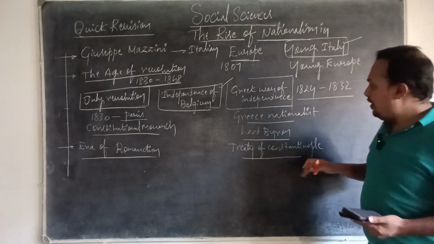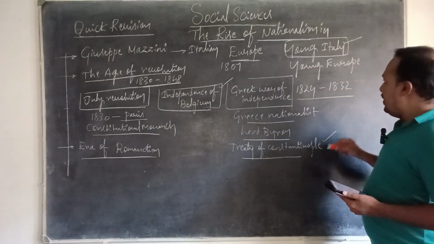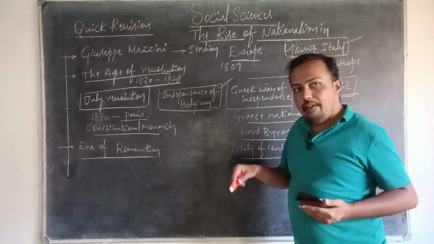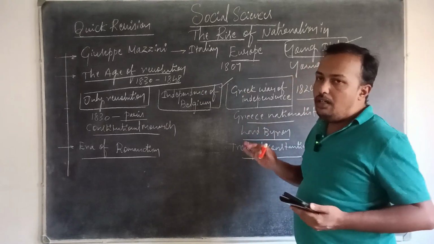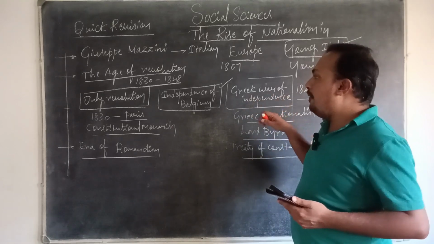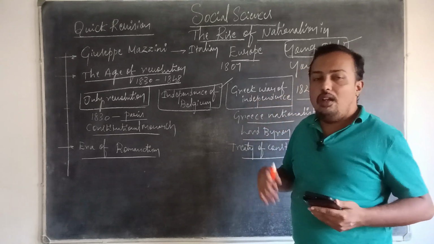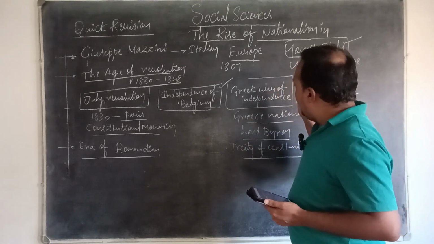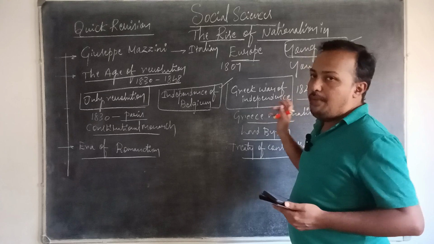This treaty recognized Greece as what? A nation state. When was it signed? It was signed in 1832 between the Greek nationalists and the Ottoman Empire, and Greece became an independent nation state after the Greek War of Independence.